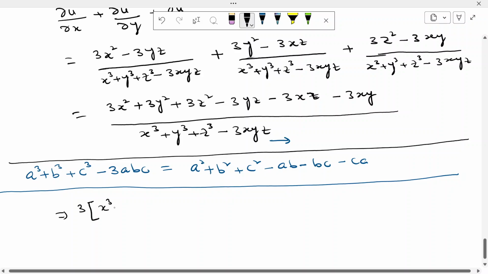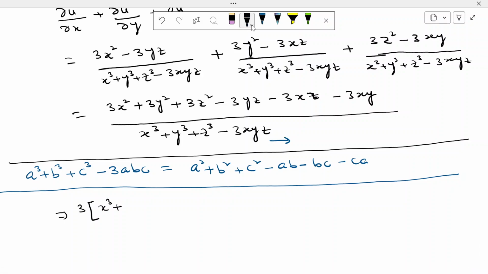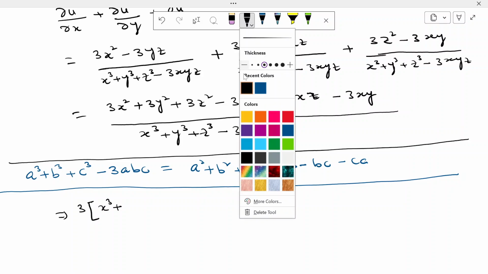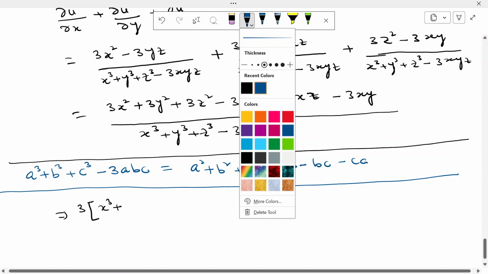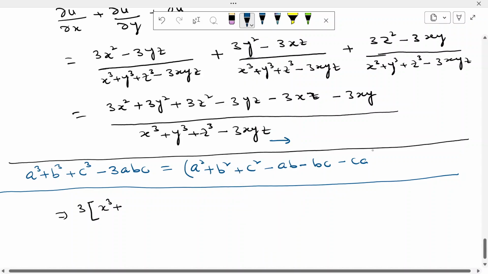x cube plus, here we are also having this formula, this should be multiplied by a plus b plus c.